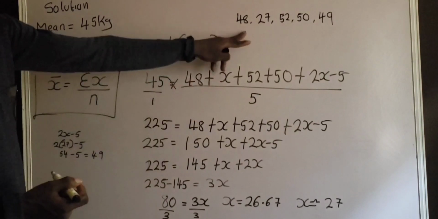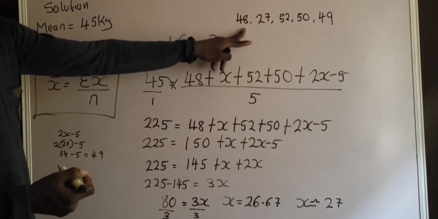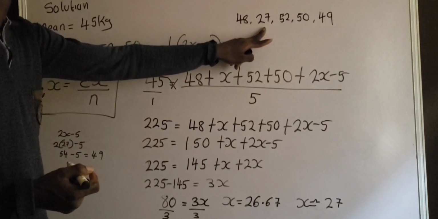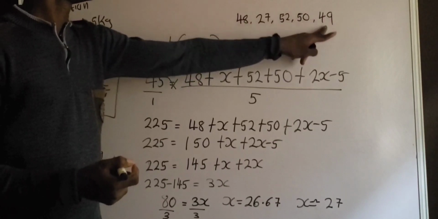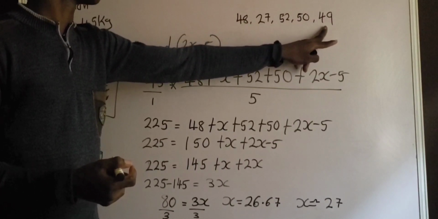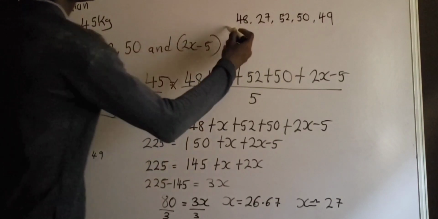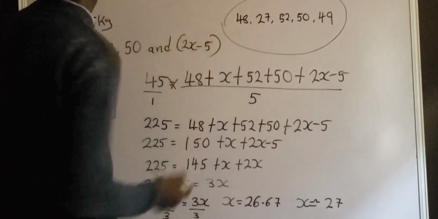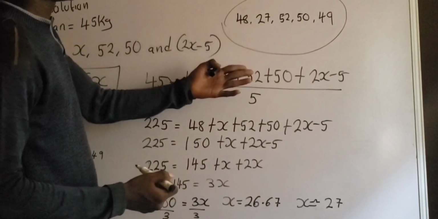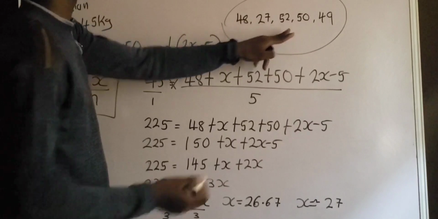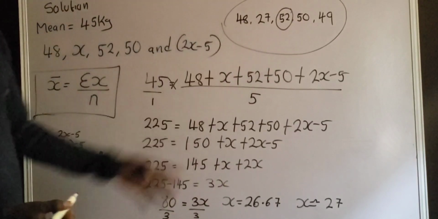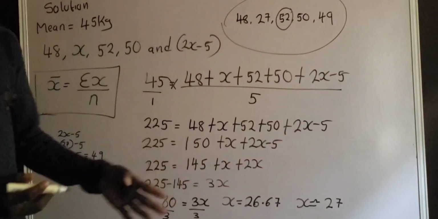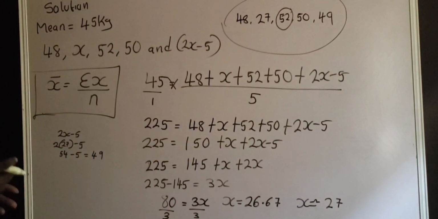The first girl has 48 kilograms, the second 27, the third 52, the fourth 50, the fifth 49. Now, among these weights, which one is greater? You can see that we have 52 as the highest weight, so the third girl has the highest weight with 52 kilograms.